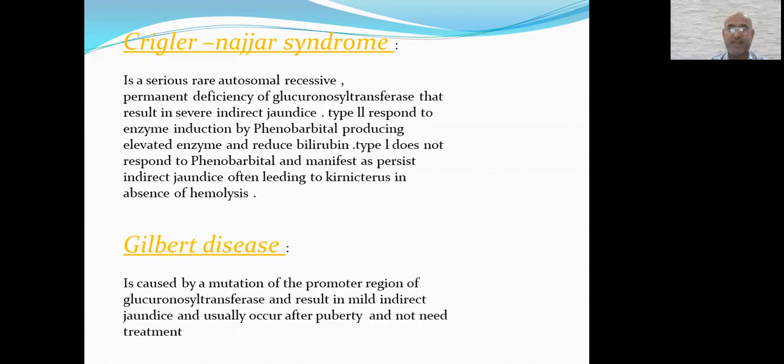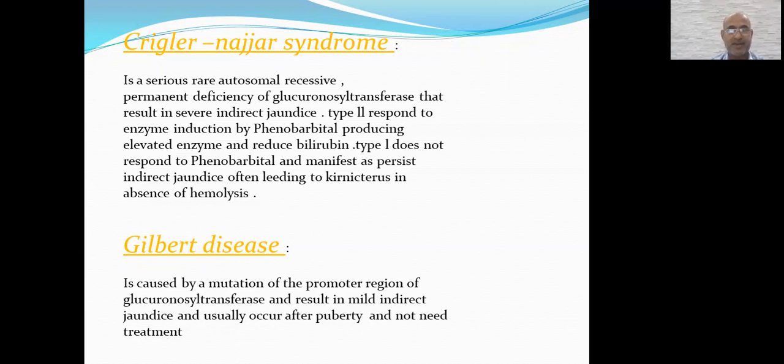While if we face a case of a high level of indirect bilirubin in absence of hemolysis, we should think about Crigler-Najjar because the glucuronidase enzyme is not present. Keep in mind this important possibility. So the relation between hemolysis and the bilirubin level is important to be explained.